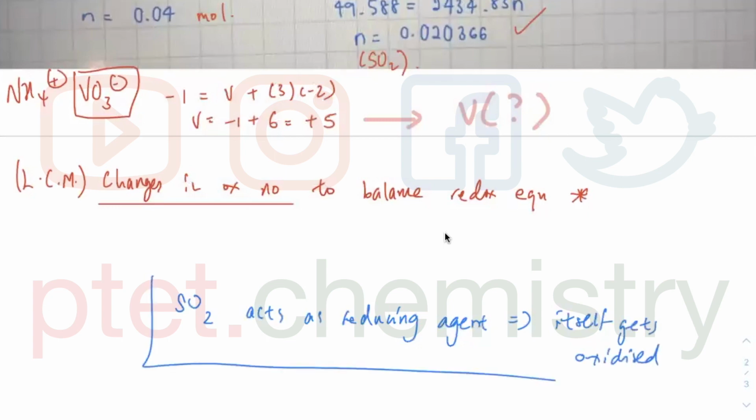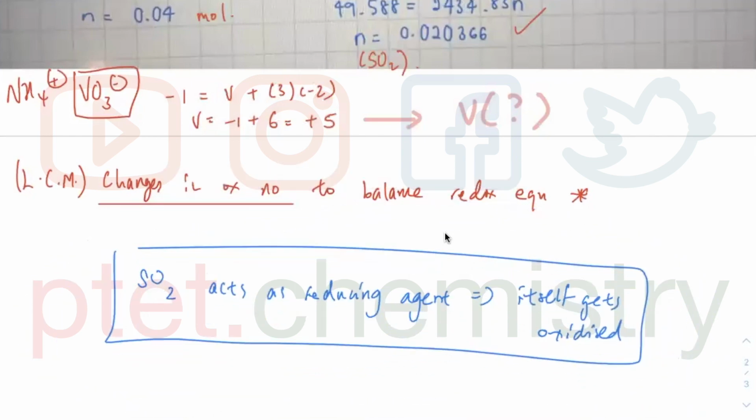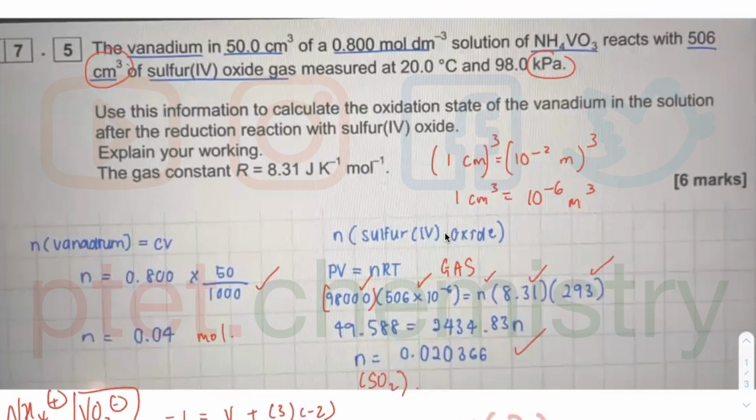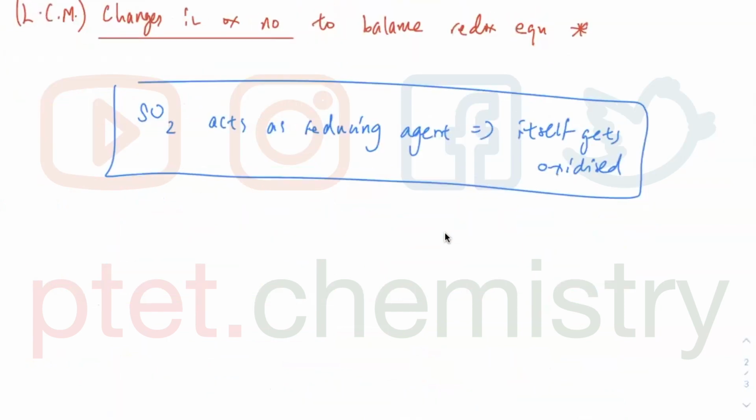So typically we are thinking about SO2 going to SO3 or SO2 going to SO4 2 minus, but we are not told what other information is in this question. After the reduction is sulfur 4 oxide. Since this is sulfur plus 4, I know it will go to sulfur plus 6. I just don't know whether it's SO3 or SO4 2 minus.